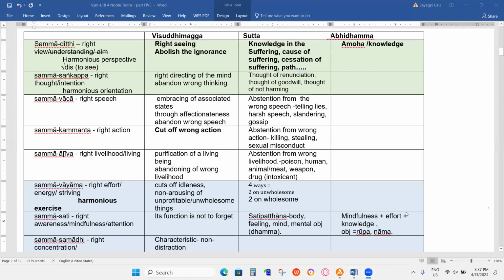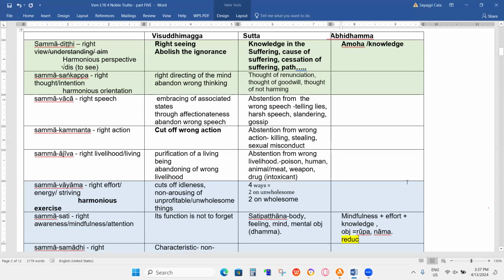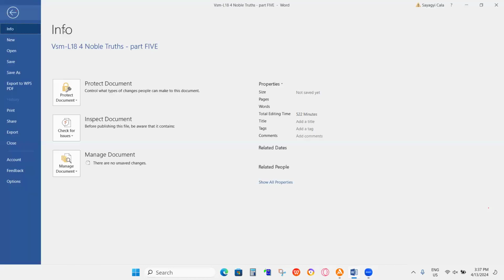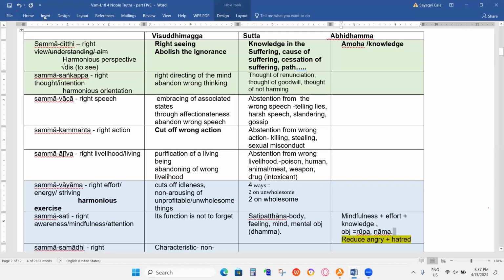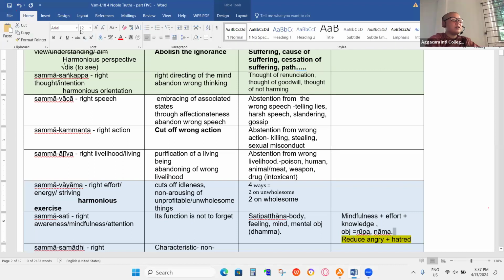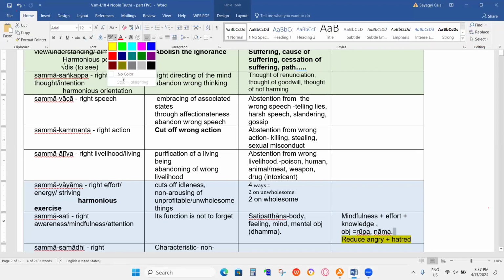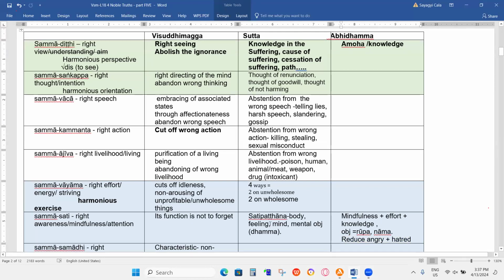Sayadaw, I have a question. Yes. On the Satipatthana, the first one is body, so the object is rupa. Yes. And the second one, feelings. For the second, third, and fourth, it's already contemplation on nama, is it?